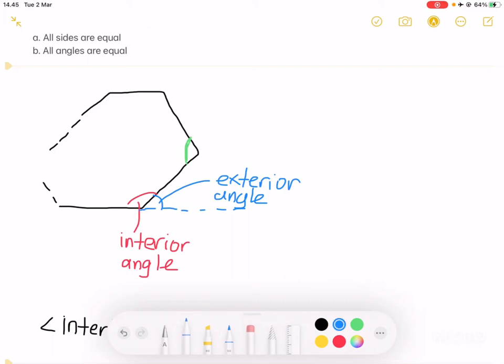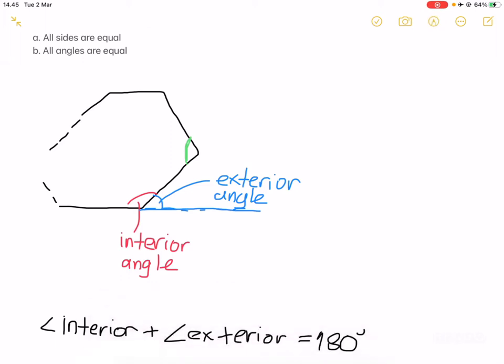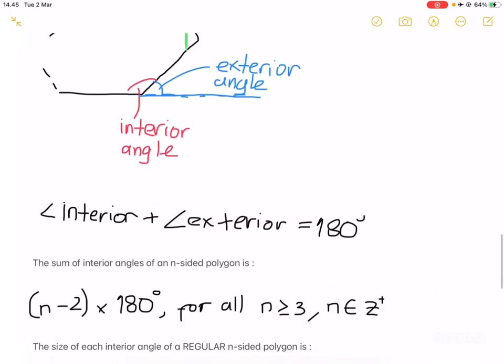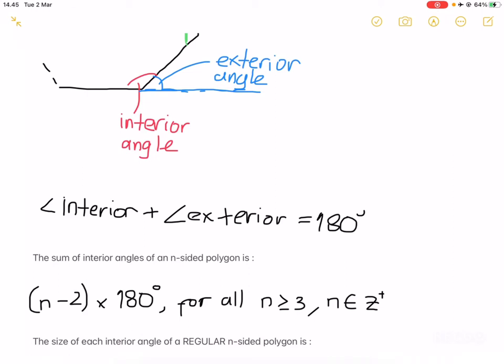And the first thing you may notice is that the interior angle and the exterior angle are supplementary angles, which means they add up to 180 degrees, like so. Now there are some formulas you must be familiar with.